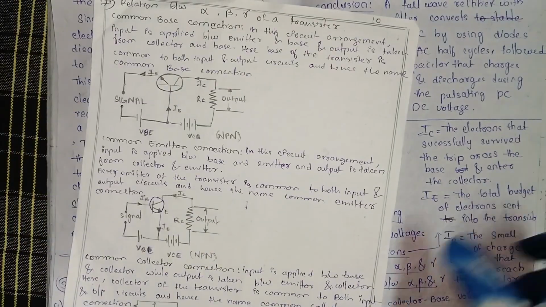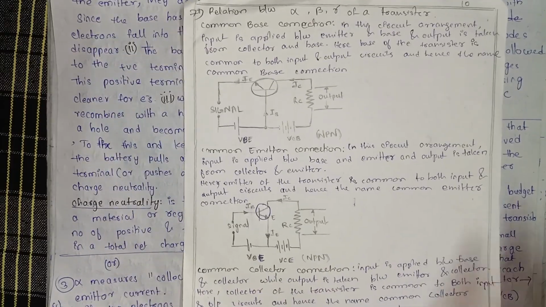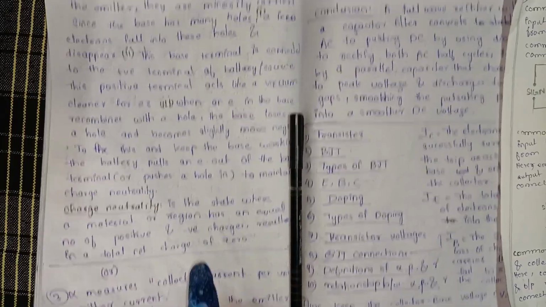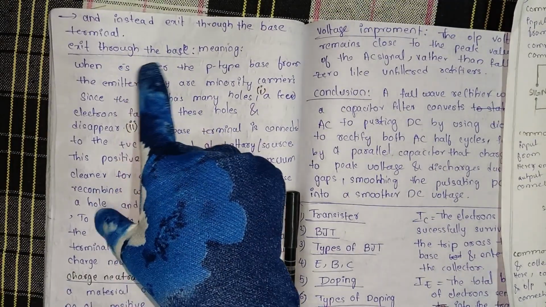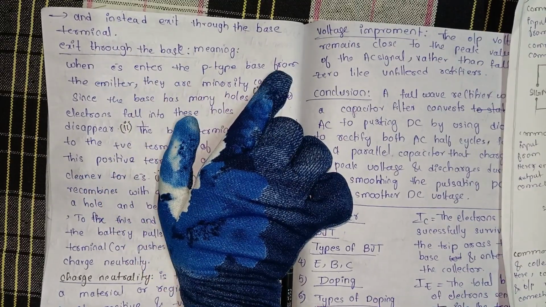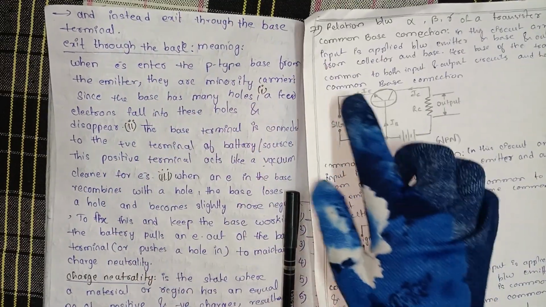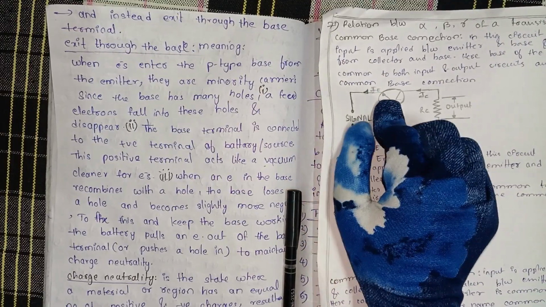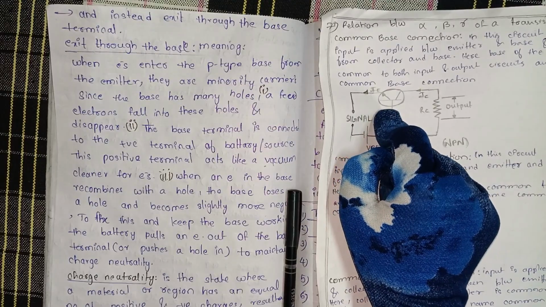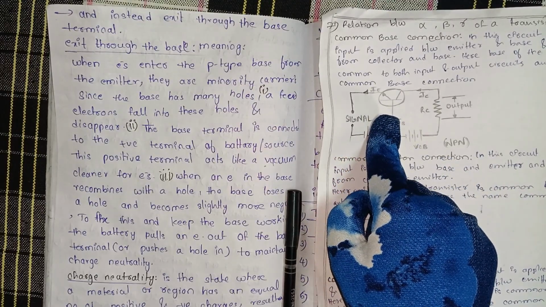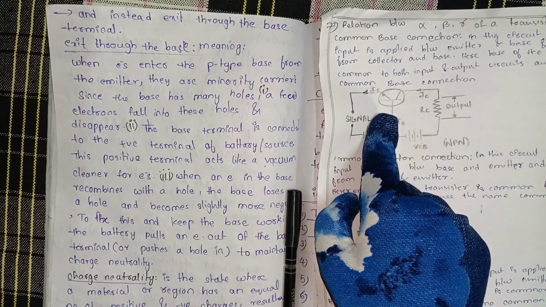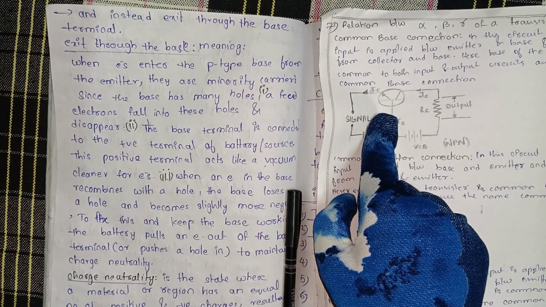So here the exiting reasons are three. What are they? Exit through the base, meaning when the emitter electrons enter the p-type base, they are minority carriers since the base has many holes.